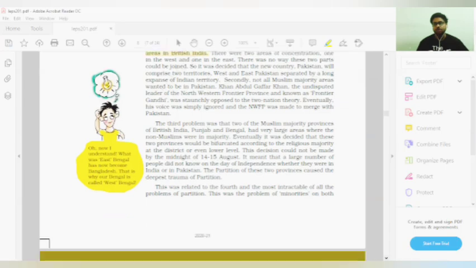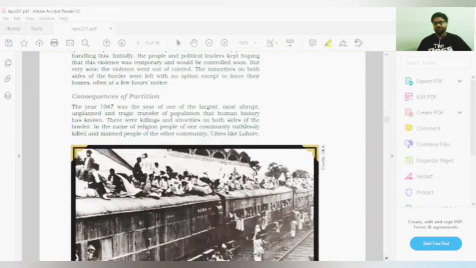This is how both the nations were created. But when they were given independence, the problem that they immediately had to face was of migration, of displacement, of partition. British India was partitioned into two nations. Pakistan was a newly built nation, and both these nations asked their citizens to get transferred from one place to another if they wished so.